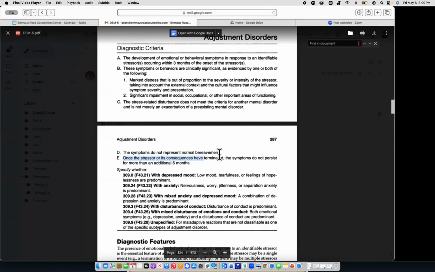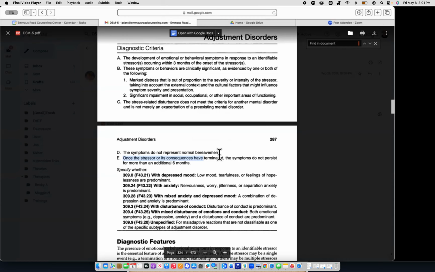Now, this is kind of tricky, but an example of a diagnosed adjustment disorder that would be longer than 6 months is working with kids in foster care. It's common that their stressor is that they're not in their home, that they are in foster care. Let's say I worked with a kid whose parents were trying to get reunification and get him back, and they were having visits.